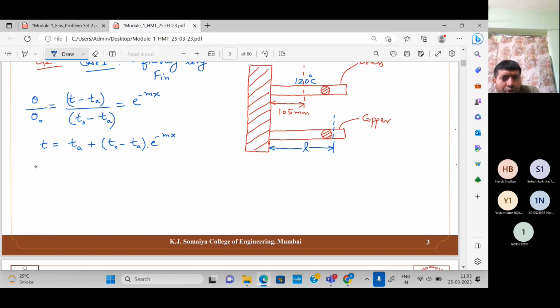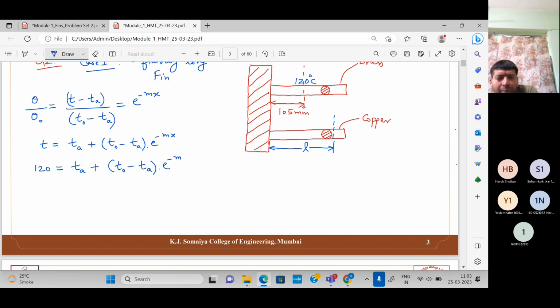So the temperature T for the brass rod is 120. We don't know Ta, but both the rods are exposed to the same environment. We also don't know the value of T naught, it is not given in the problem. So 120 equals Ta plus T naught minus Ta into e to the power minus m into x.